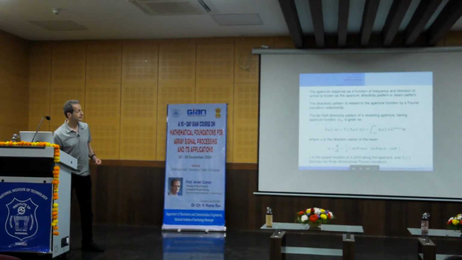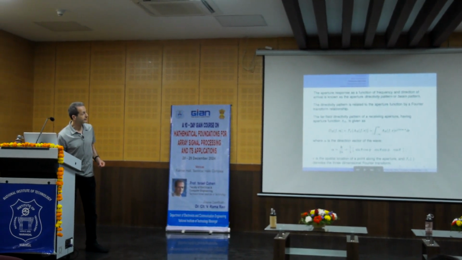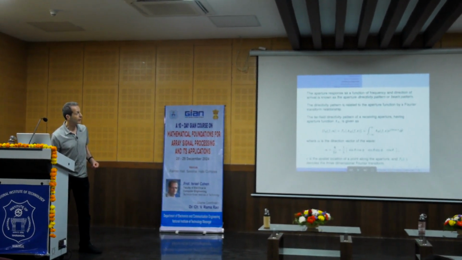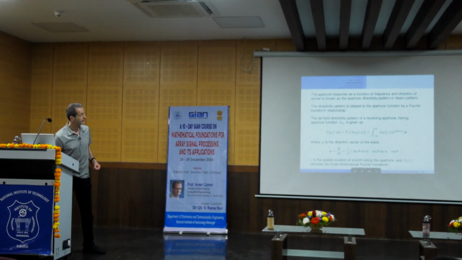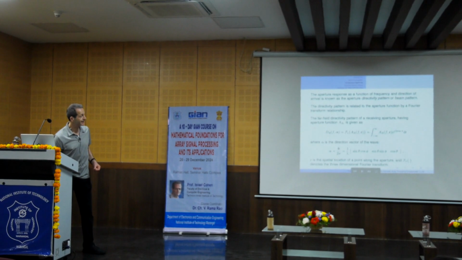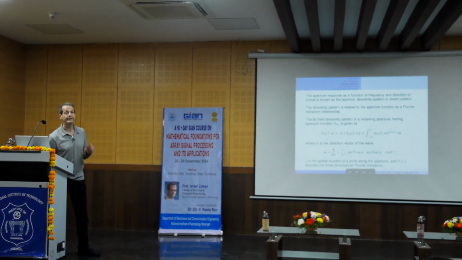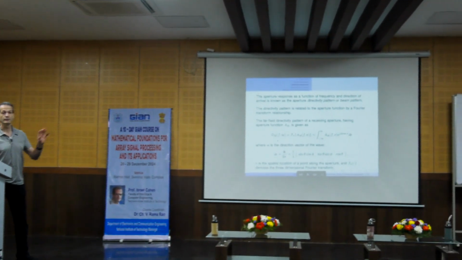This is the response of each point on the aperture to the acoustic wave. And then we take the integral over the whole aperture. What do we get? We get the total electrical signal that is measured at the output of all the aperture.